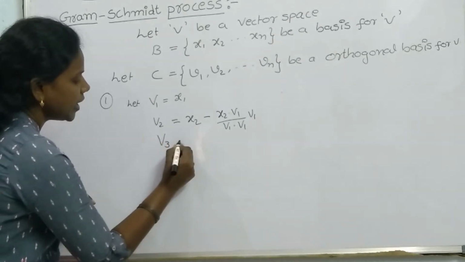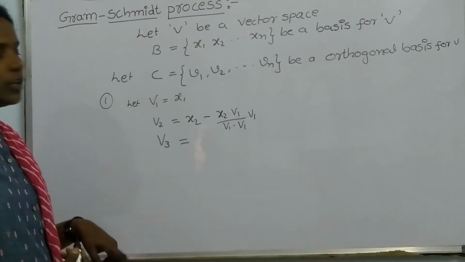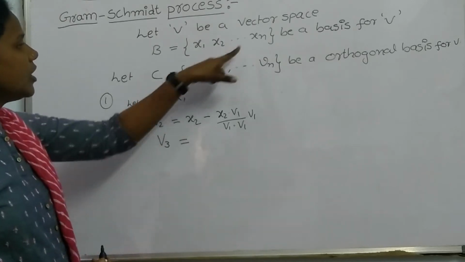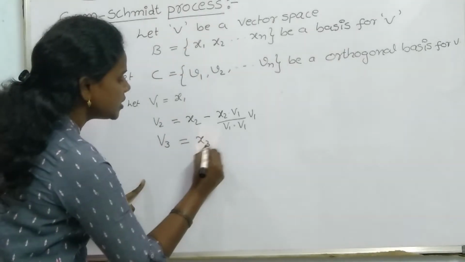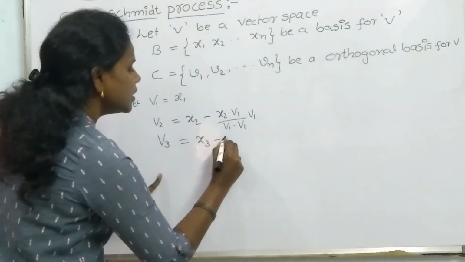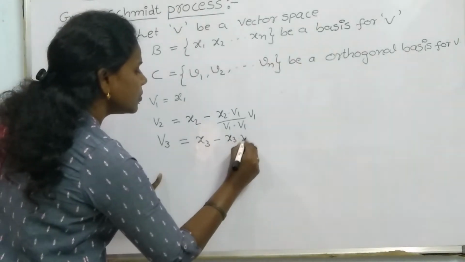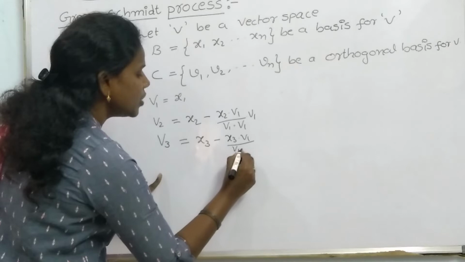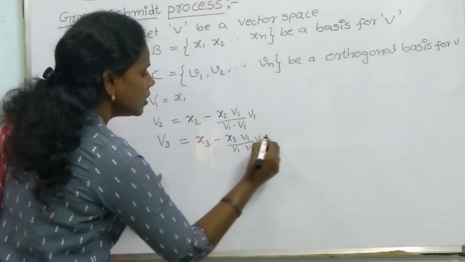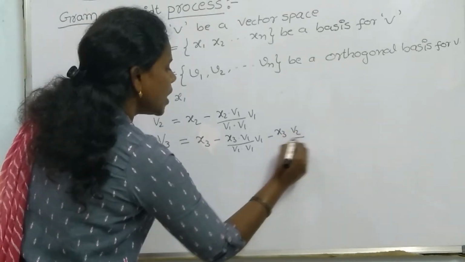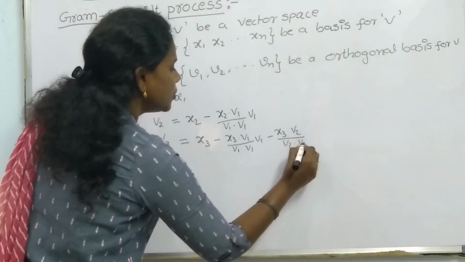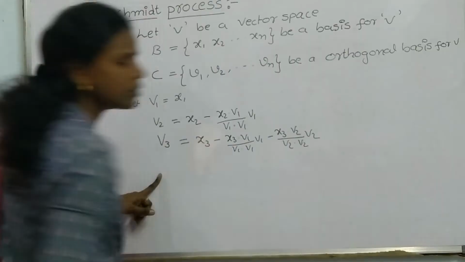Like this, we will write v3 also. v3 is the orthogonal vector to x3. So v3 equals x3 minus x3 dot v1 by v1 dot v1 into v1 minus x3 dot v2 by v2 dot v2 into v2.